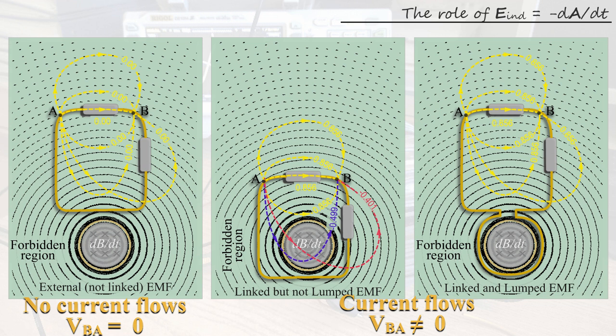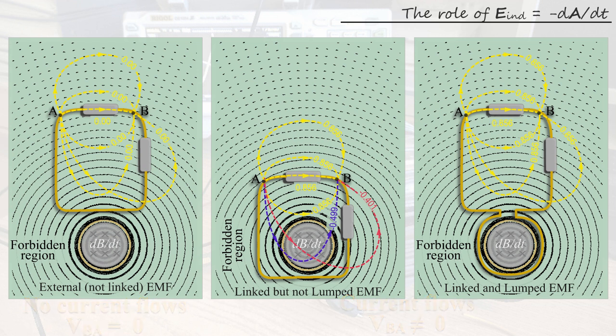Remember, these figures are snapshots at a fixed time t. The quasi-static time evolution is a sequence of these snapshots, one after the other, with the magnitude and sign of the field changing with time according to the time evolution of the exciting current in the primary coil.